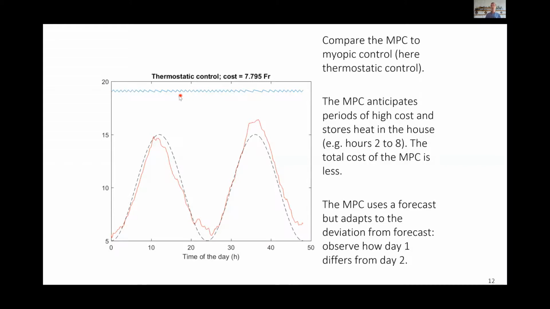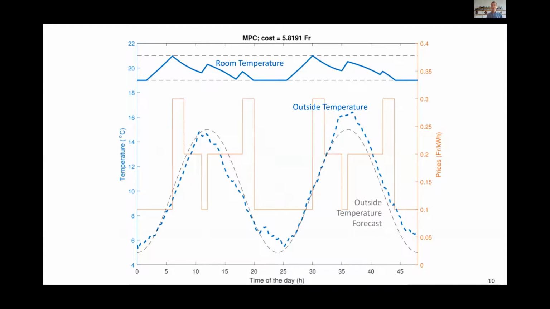In a smart grid, we would like to control the things that can be controlled through MPCs typically. We see that the MPC does a forecast, but it also adapts to the deviations from forecast. So if you look at the room temperature here, you see that the curve is slightly different here.